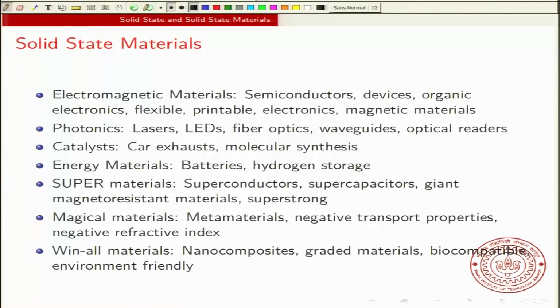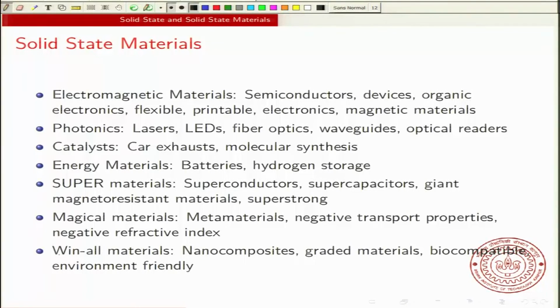These are not single compounds, but materials where you do various things. You put one layer of one material, another layer of a different material, and by manipulating the entire material, you make these almost magical materials.